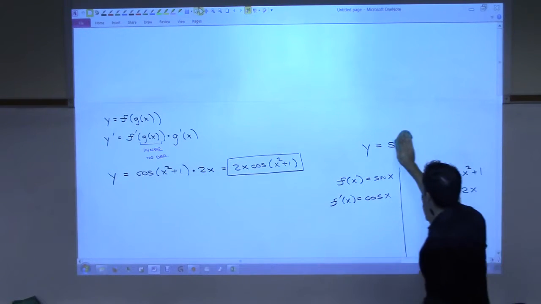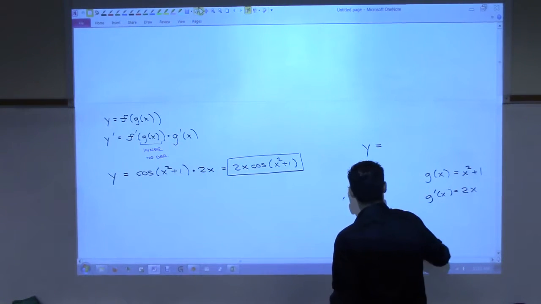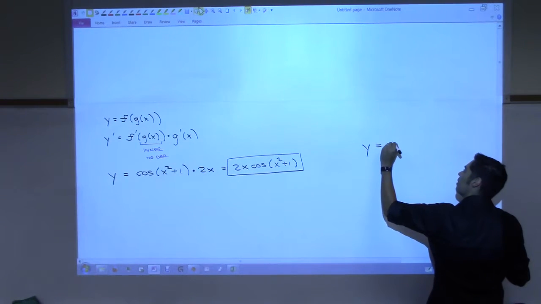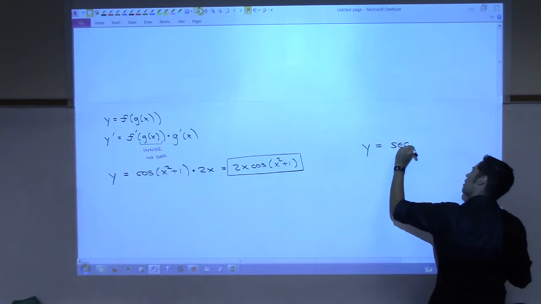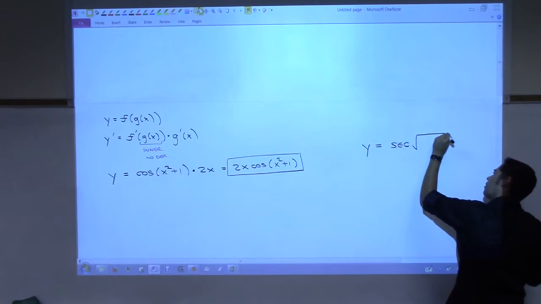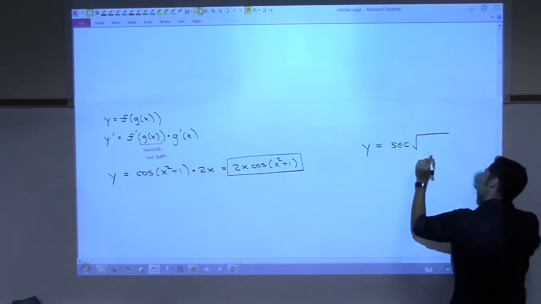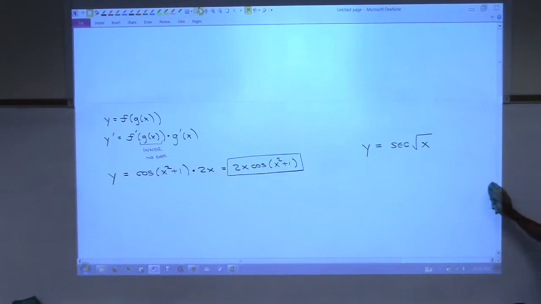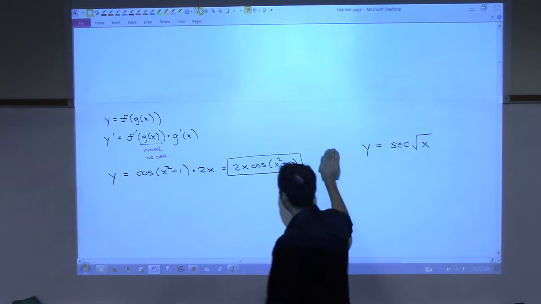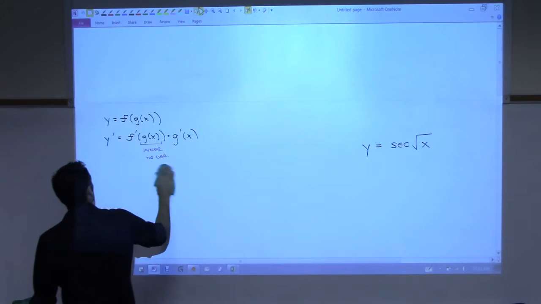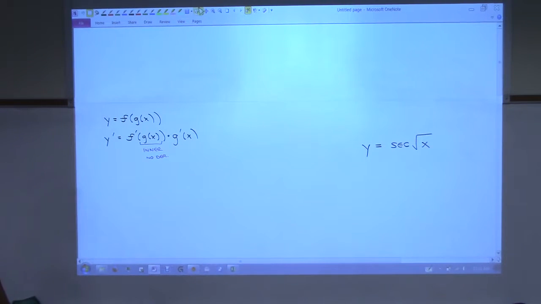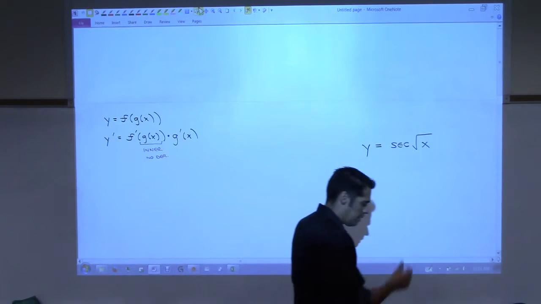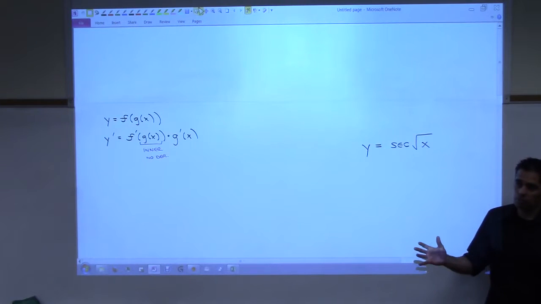So let's do, how about this? How about secant of the square root of x? Okay, what do you see here? Do you see product rule? Yeah.